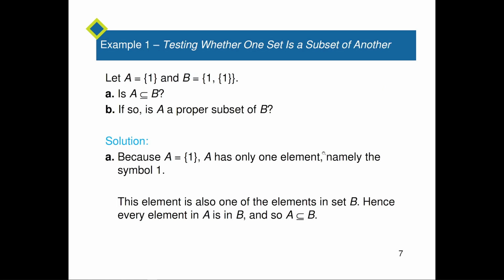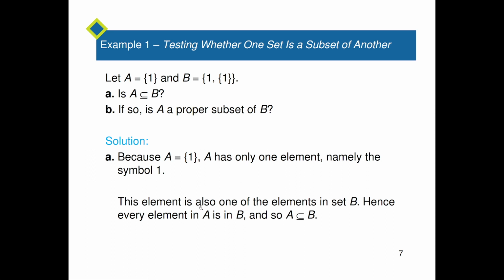So here are some examples. We have two sets here, A and B. Is A a subset of B? Now, A is called a singleton, because it only has one element, namely the symbol 1.